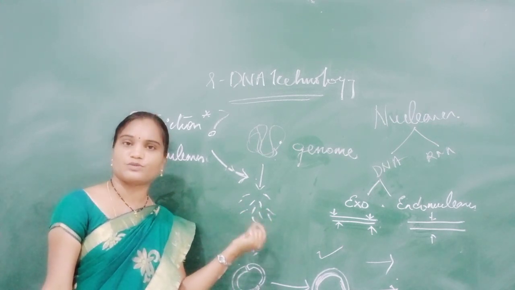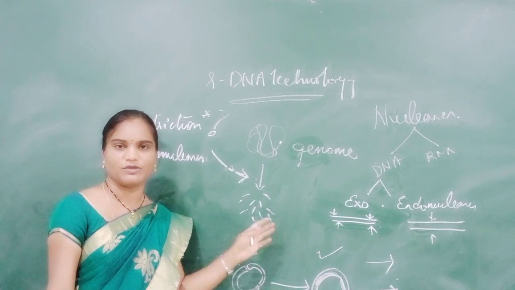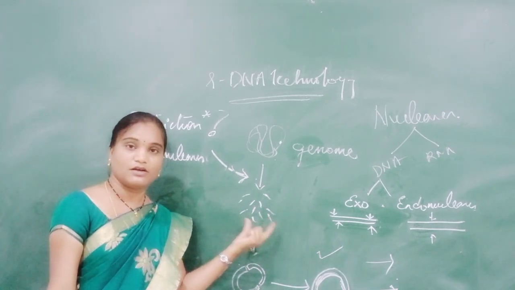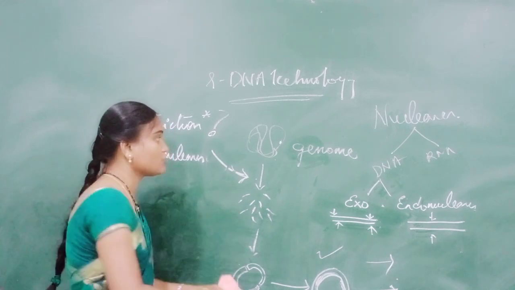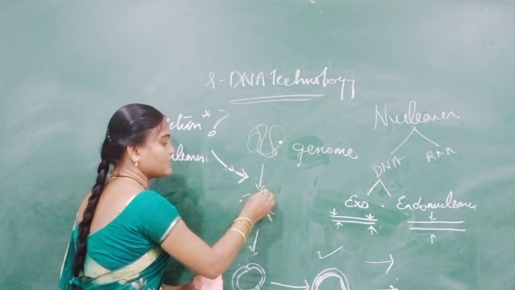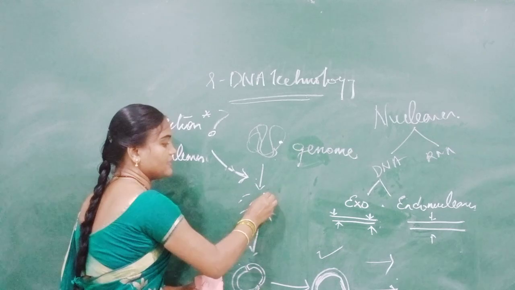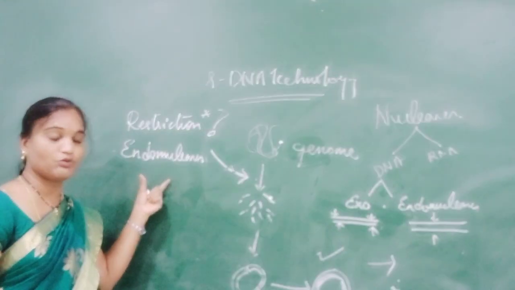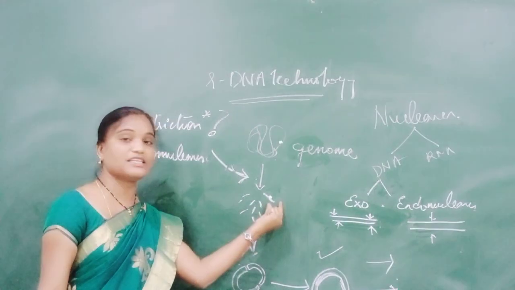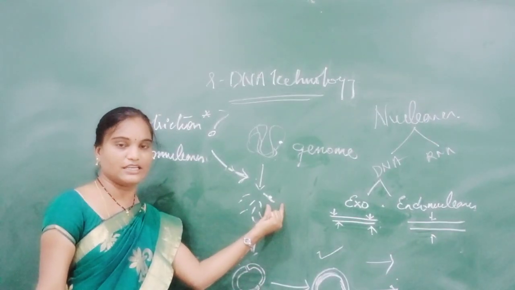These fragments may be small or large, whatever size. In one particular fragment, you will have your desired gene. So when it is subjected to restriction endonucleases, you have obtained this particular desired gene, isn't it?